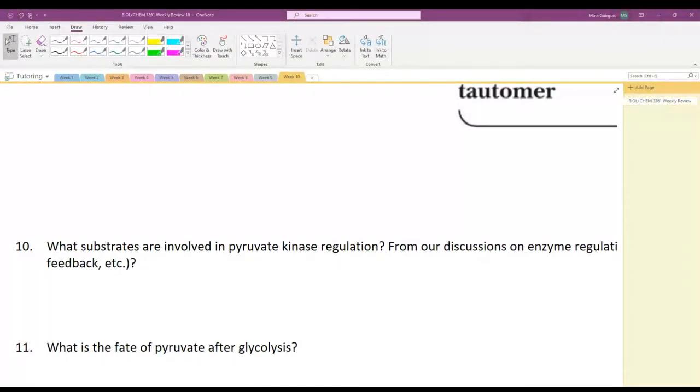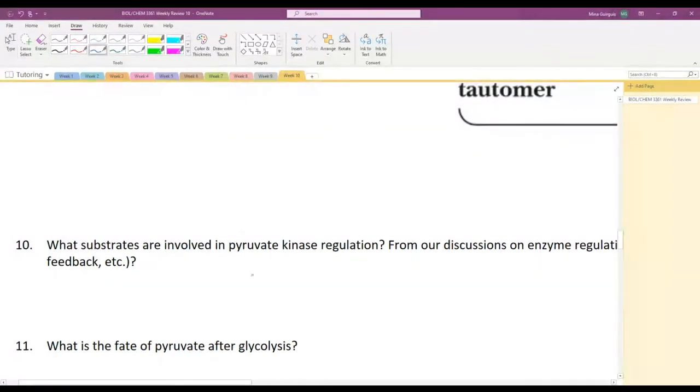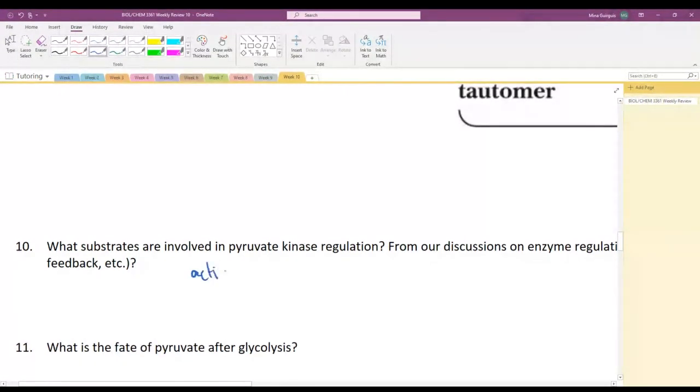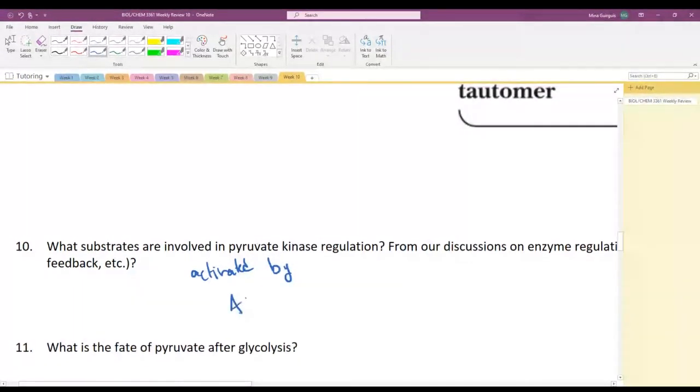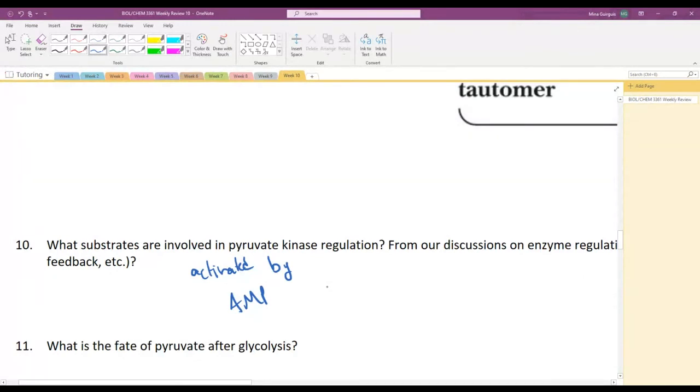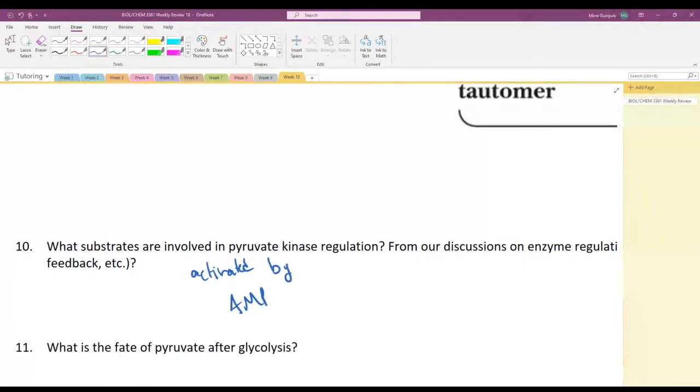So, pyruvate kinase is activated by AMP. So ATP is adenosine triphosphate, AMP is adenosine monophosphate, okay? And it's activated by fructose 1,6-bisphosphate, okay?